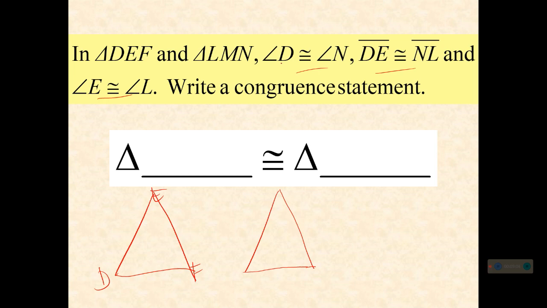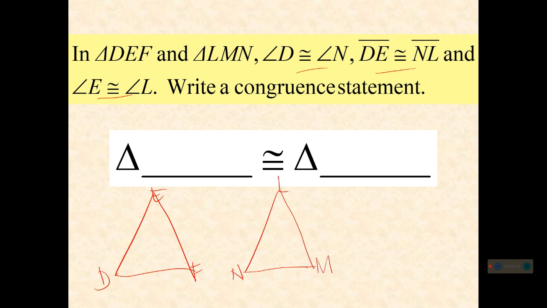It is said that angle D is congruent to angle N. So, therefore, you will have here angle N. Then, it is stated that segment DE is congruent to segment NL. So, you will have here L. And then, we have here angle E is congruent to angle L. So, that's why you have that there. And then, obviously, you are left here with M.